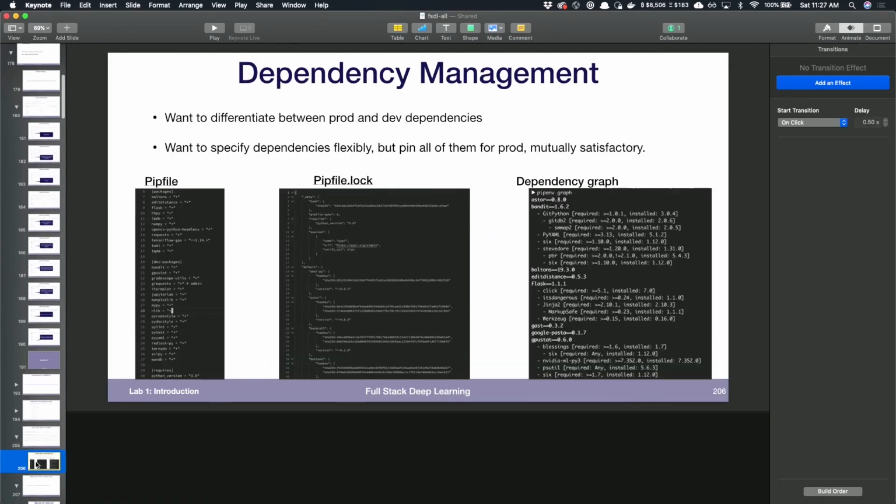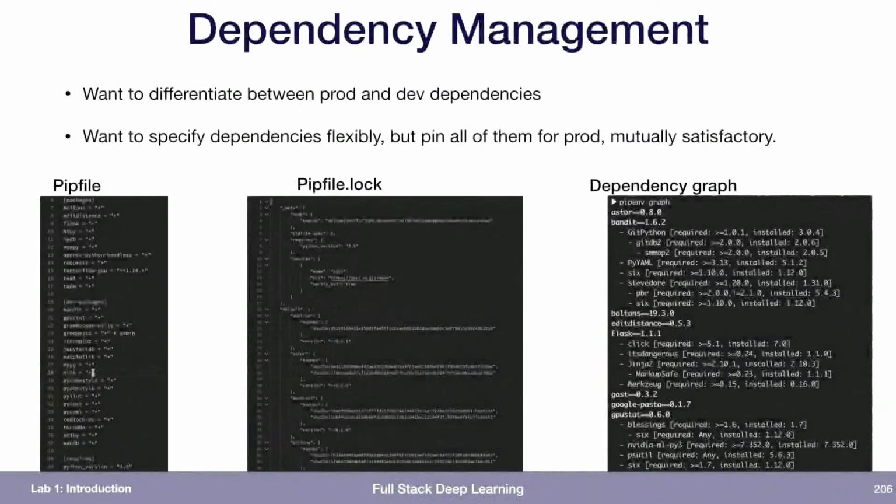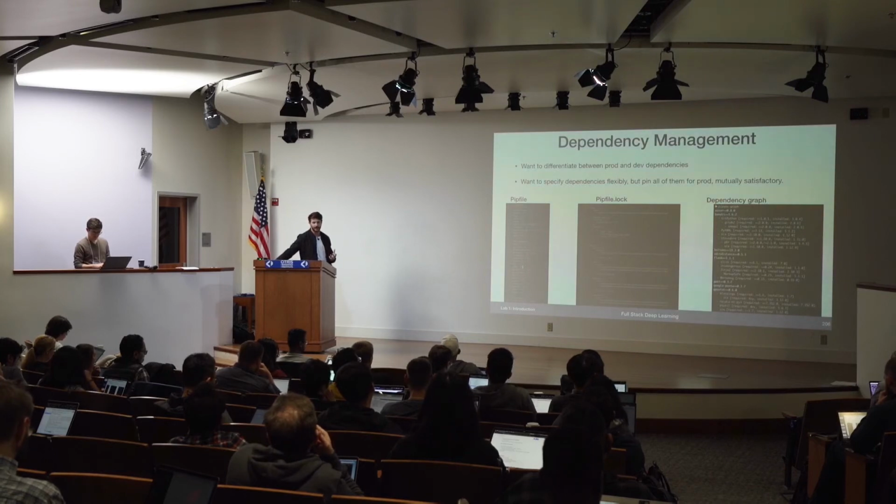Yeah, so just as a quick aside, thinking about dependency management, the tool that we're using here is pipenv. There are a couple of other dependency management tools for Python. We're using this one because we want to be able to specify our dependencies flexibly. When we realize we need a package, we can just install that package in a really lightweight way without needing to figure out the specific version that we want.